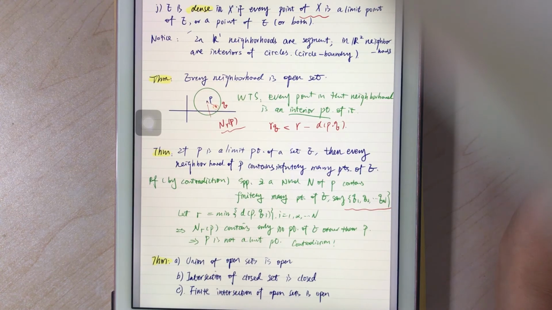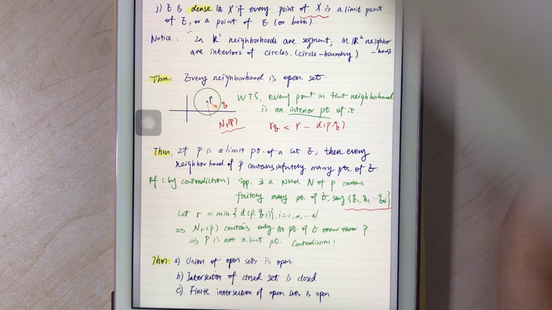Now we're trying to find the minimum distance between P and all these points. So we let R be the minimum value of the distance PQi, where i is from 1 to n.